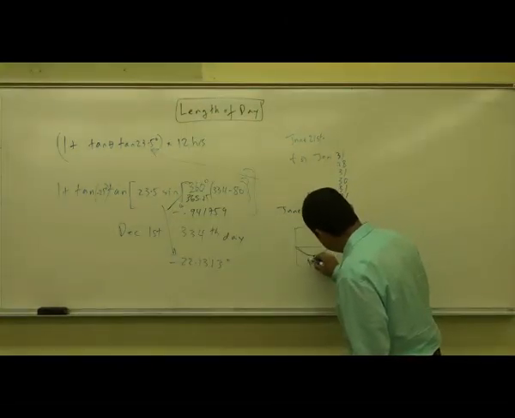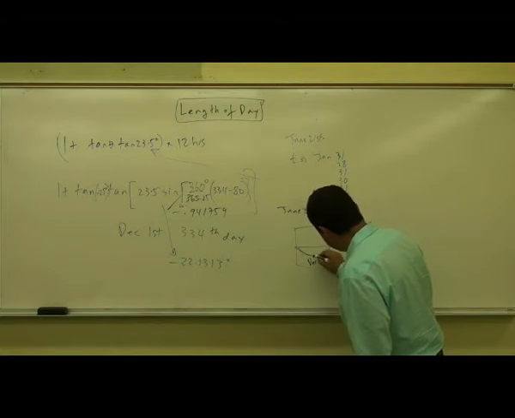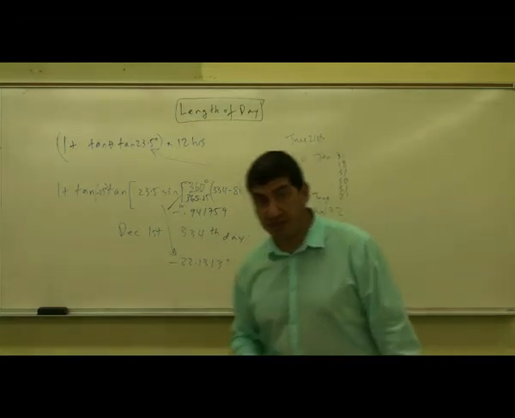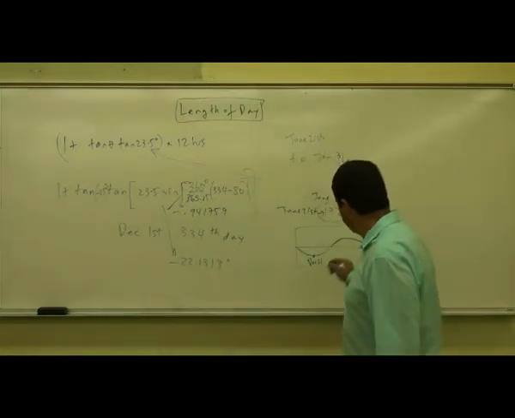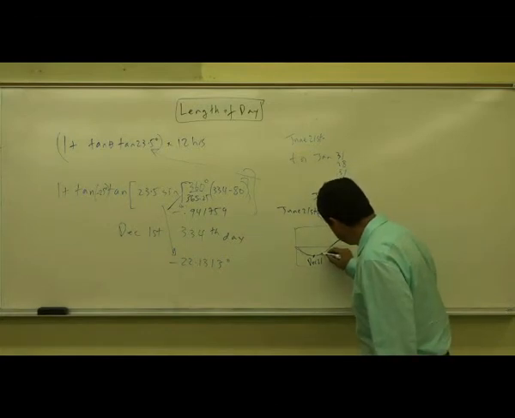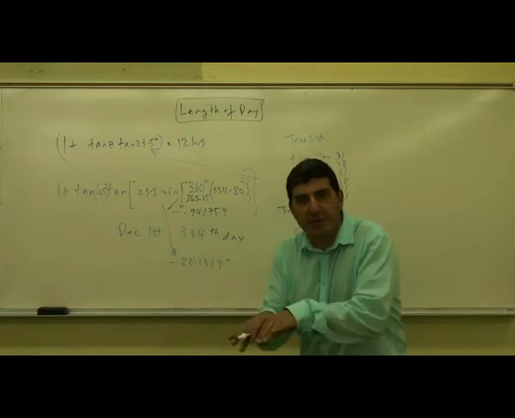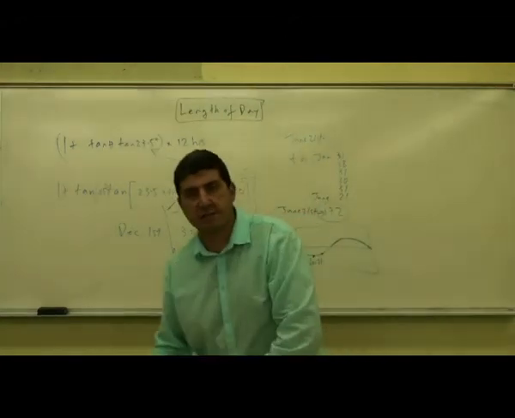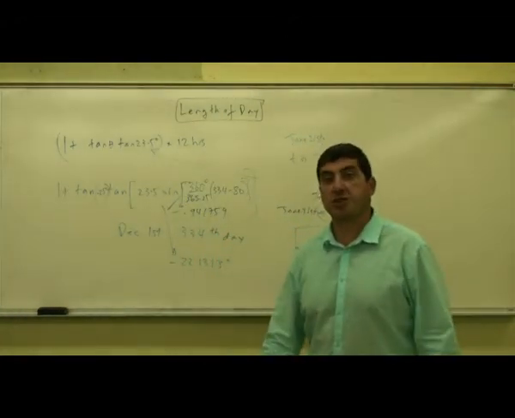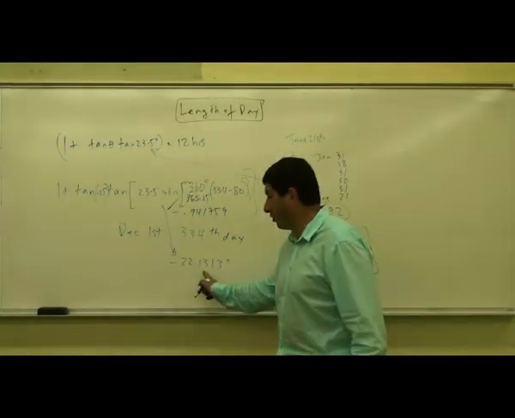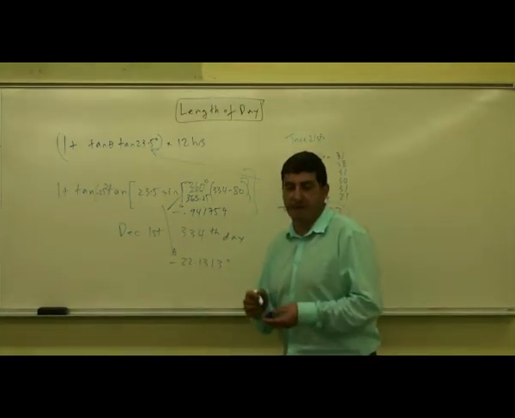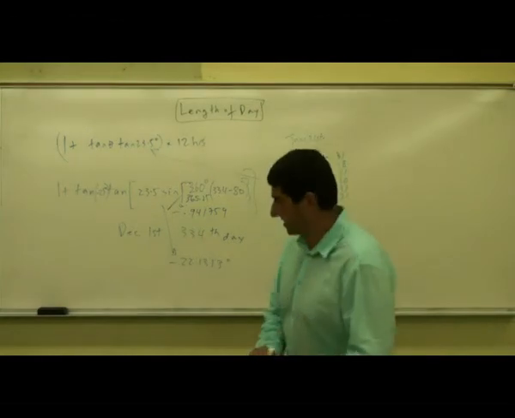December 21, the sun is going to reach the lowest position in the sky. December 1st is going to be roughly here, right? So the sun is on its way gradually to getting the most negative it's going to be, which is negative 23.5. So it's negative 22.13, only a degree and a half away from its lowest position in the sky.